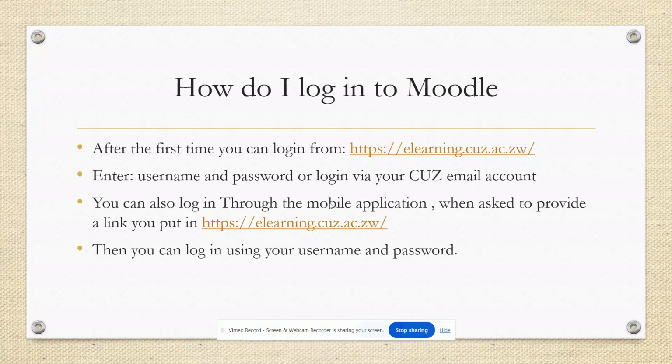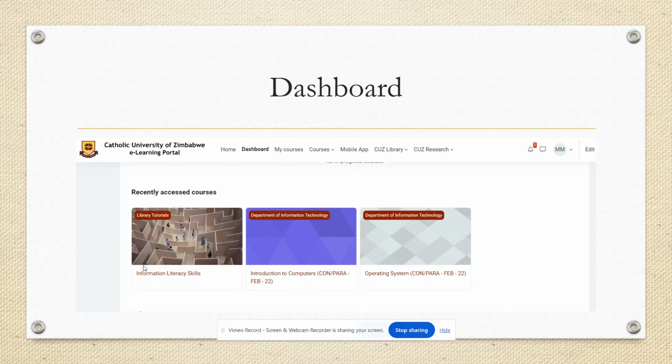Then the application will ask you to provide a URL, and ours is elearning.cuz.ac.zw. Once you've put it in, you can log in using the username and password that you receive from an email.